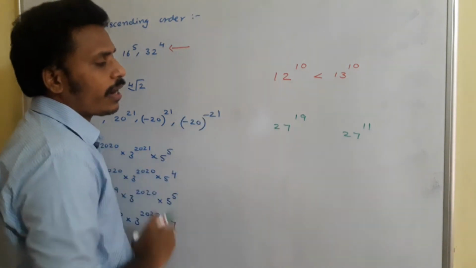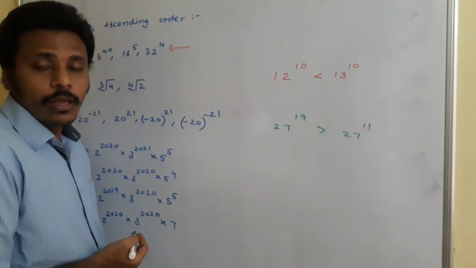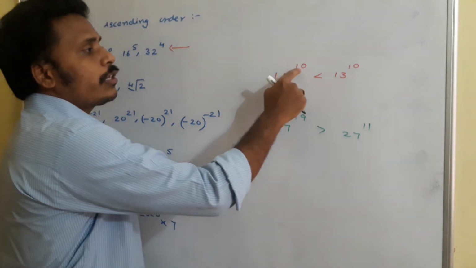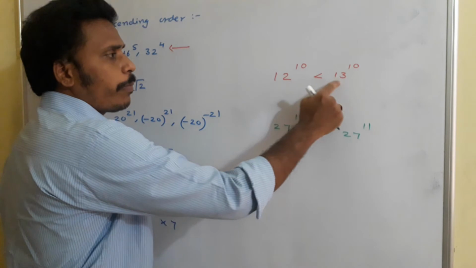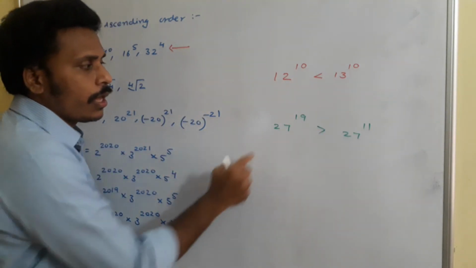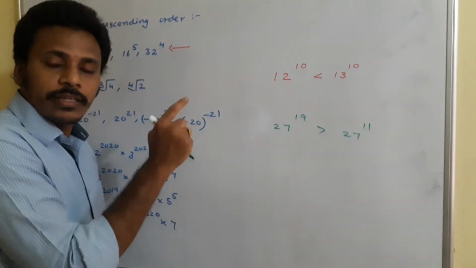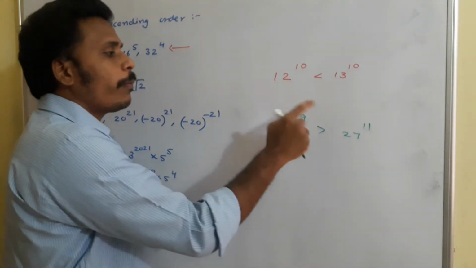Here 19 is greater and 11 is smaller, so you use greater than. What I am saying is, if powers are same, just compare bases. If bases are same, just compare the powers, then the values are in the same order as the powers.